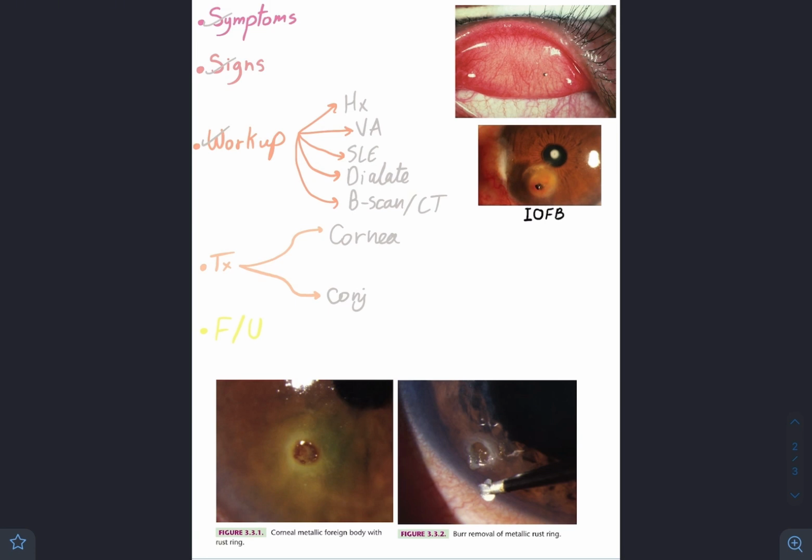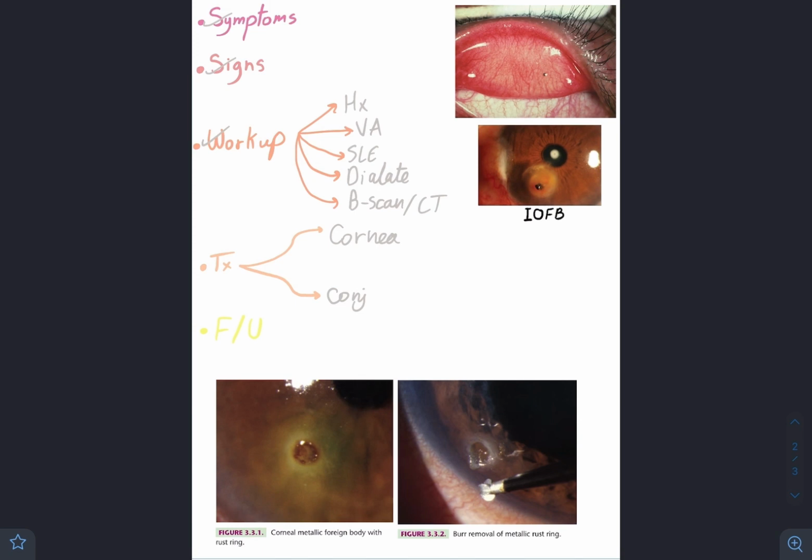Multiple superficial foreign bodies sometimes can be removed by irrigation, so that will be your judgment. If there's concern for a full thickness corneal foreign body, you should explore and remove it in the OR.